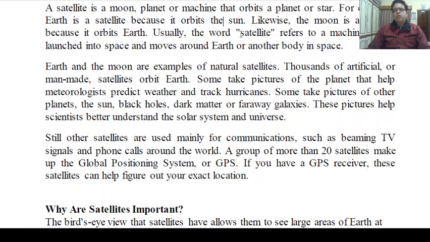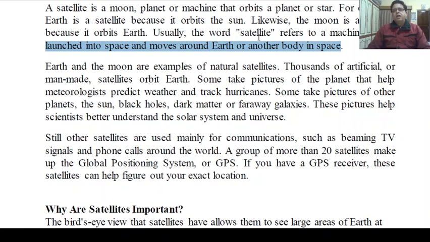Usually, the word satellite refers to a machine that is launched into space and moves around the Earth or another body in space.